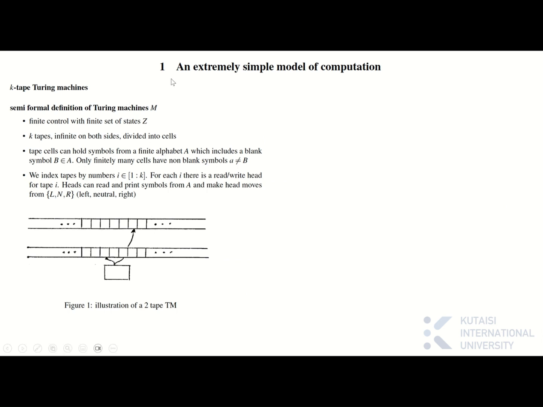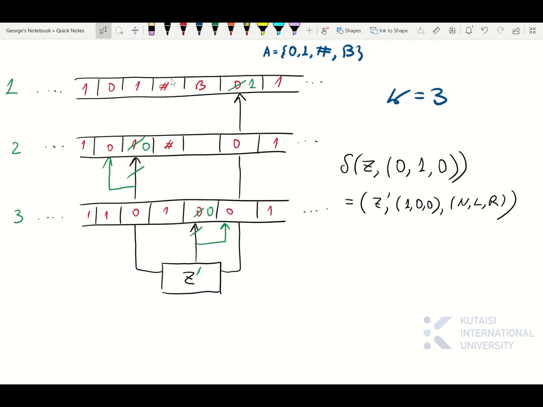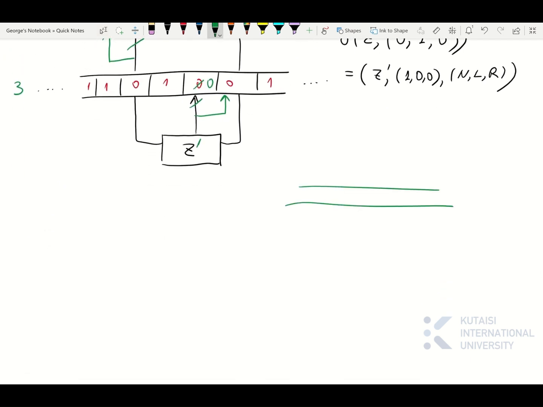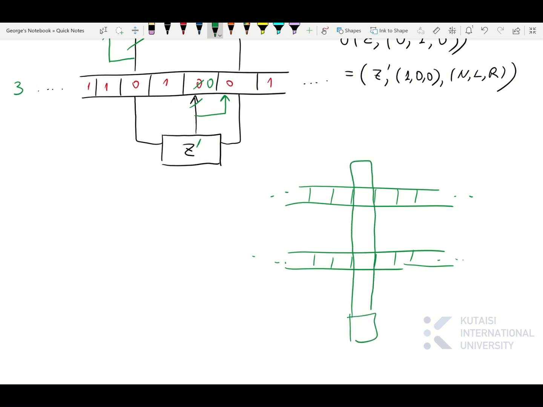Oh yeah, by the way, I wanted to say this. There's another way you can think of it. You have the tapes like this. Again, let's say 2 tapes. And you can think that your machine is here, and it's just looking at this thing. It's not moving around on 2 tapes, rather it's always looking at the same place.